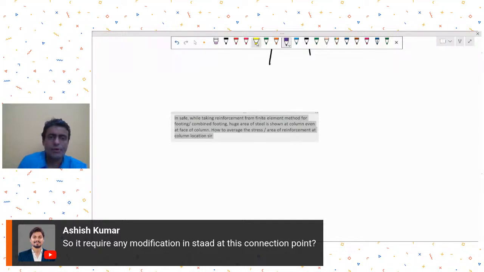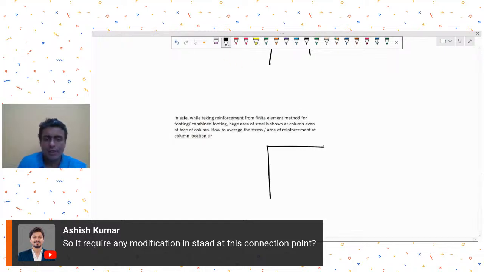Yeah. So what you can do is, suppose you have a case of isolated footing. When you look at the finite element results, you have to be cautious, because those finite element outputs can show you local peaks.